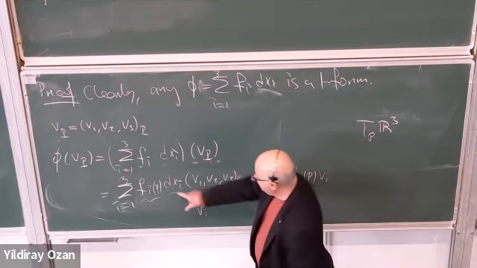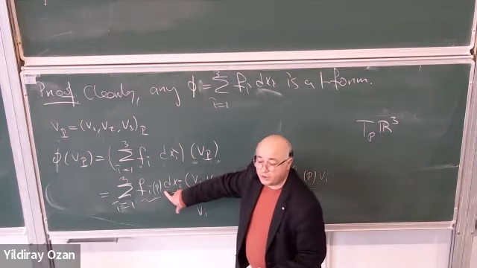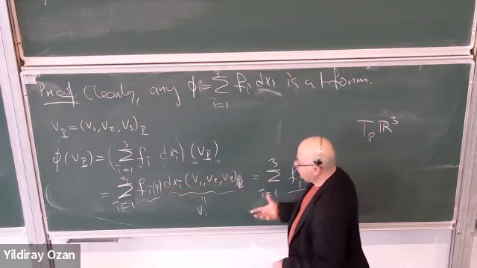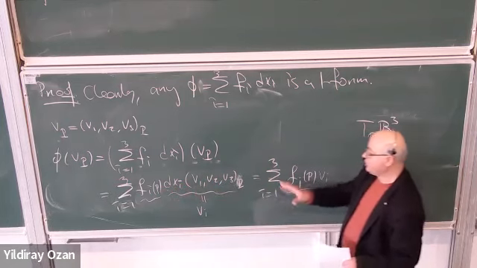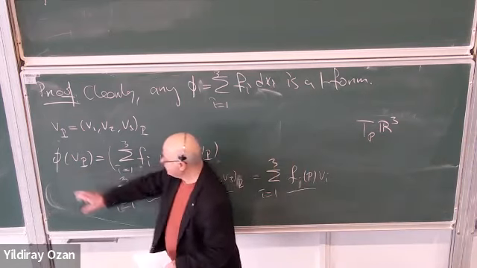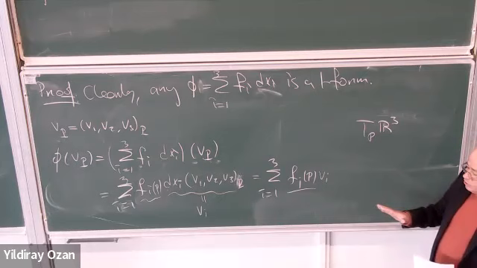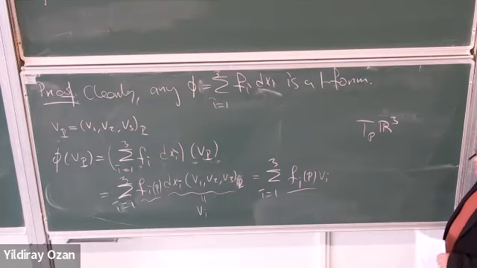So what you have is one forms multiplied with some real numbers, and then you sum them up. So at a tangent space, this gadget is nothing but a linear combination of one forms at that point.